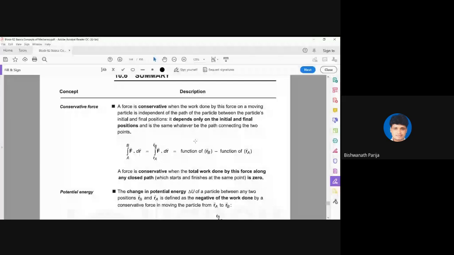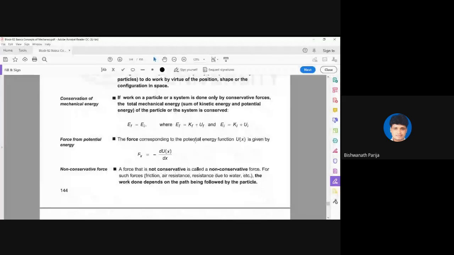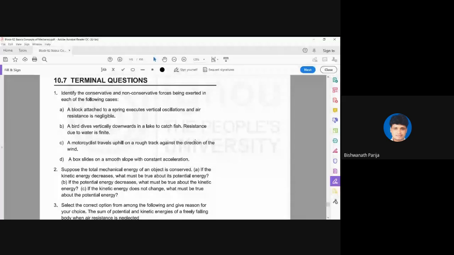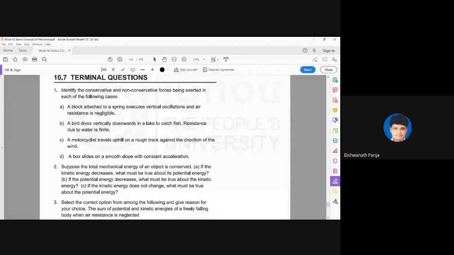This is the work energy theorem, force equal to negative of the potential energy. And here terminal questions are given. Many questions are given. It is very important: if you are able to do all the questions, that means you are understanding the chapter, then you will do very well in your examination.